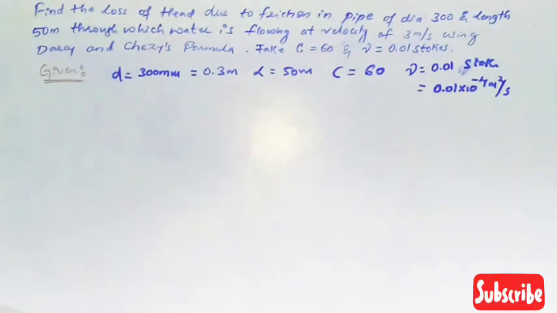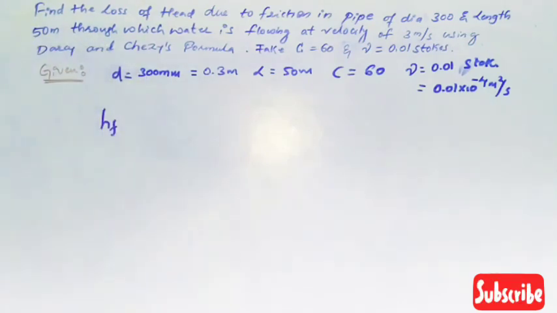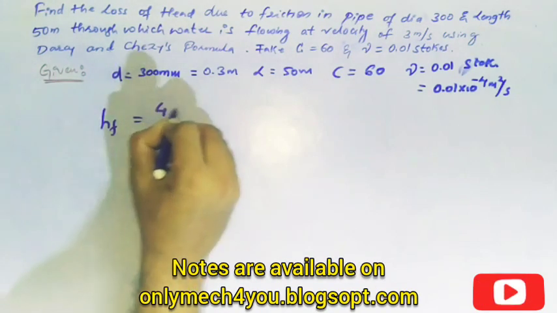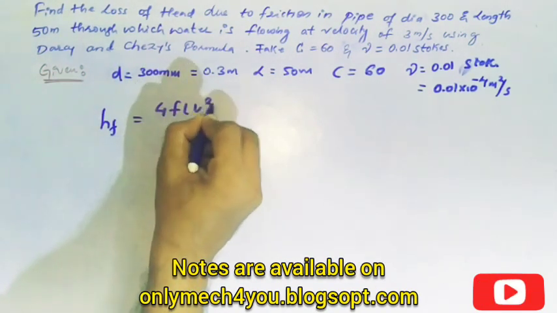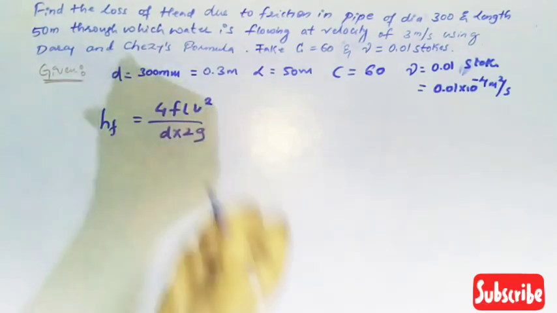Now I need to calculate the loss of head due to the friction by using both Darcy and Chezy equation. Now we have the Darcy equation. We know that the loss of head due to the friction by Chezy equation, we have a formula, that is hf equals 4 f L V square divided by D into 2g.